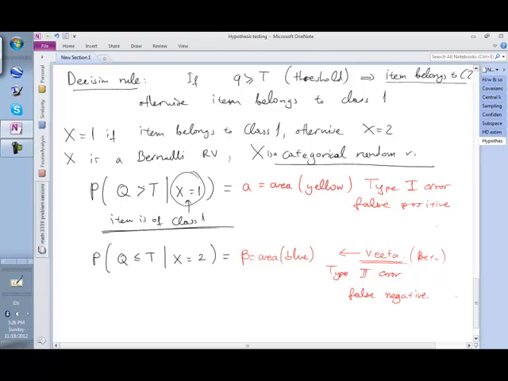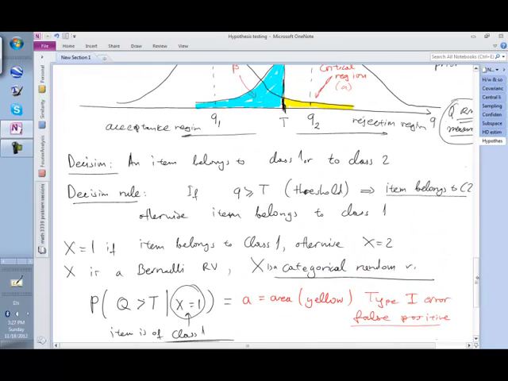But the associations of false positive and false negative can be changed, because it depends on what you define as positive. It's a matter of convention, not a matter of absolute truth. It's how you see things.